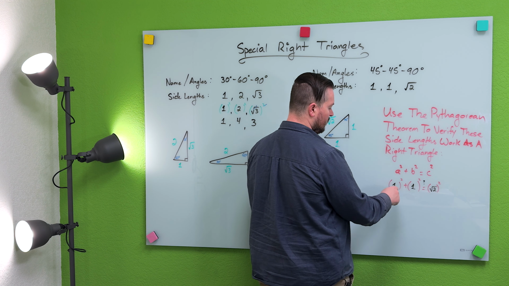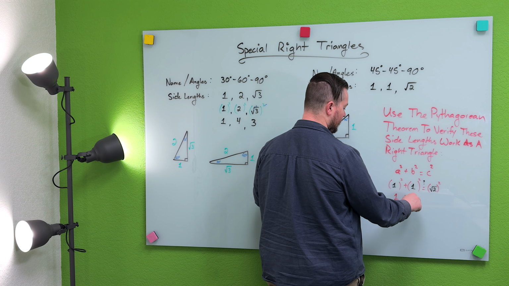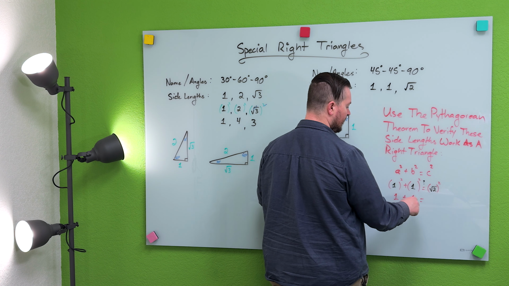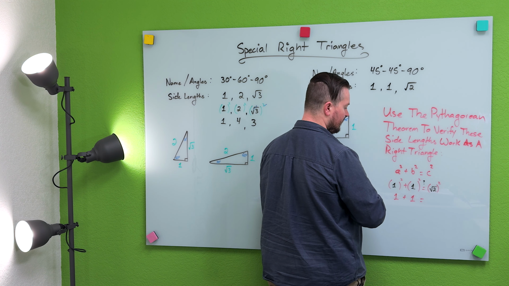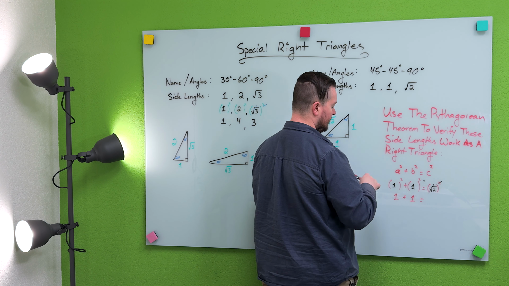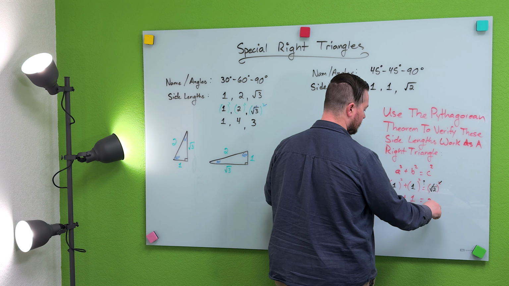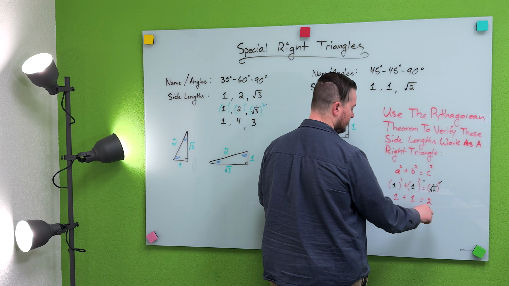Well, 1 squared is just 1. 1 squared is just 1. And the square root of 2 squared, well, the square and the square root cancel, and we just get the number 2. And then 1 plus 1 is 2, and that is in fact equal to 2.